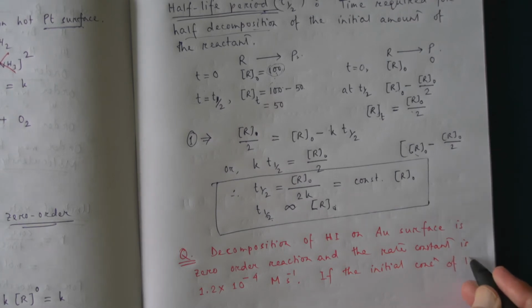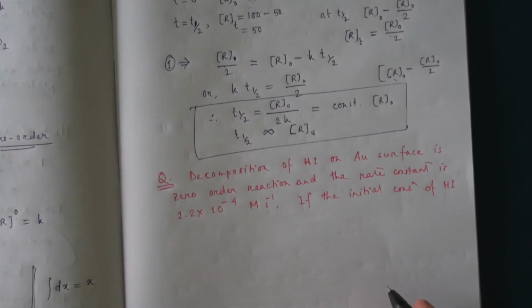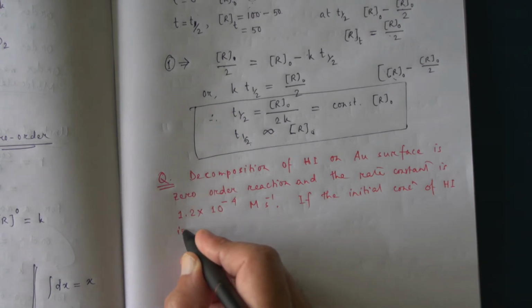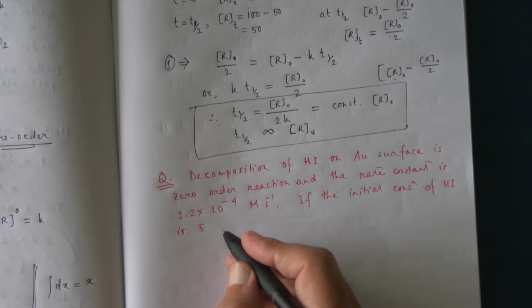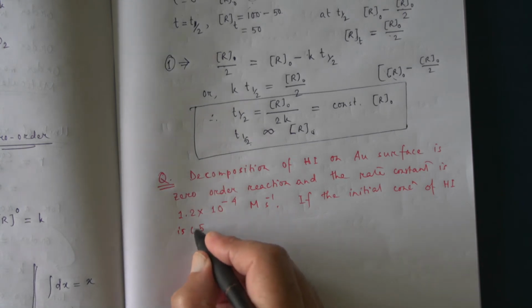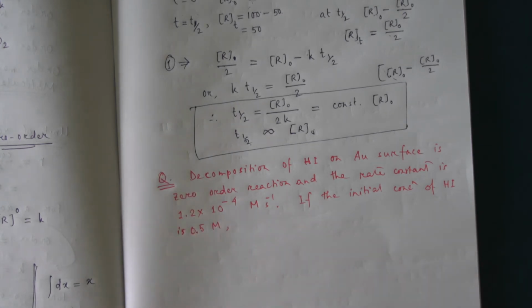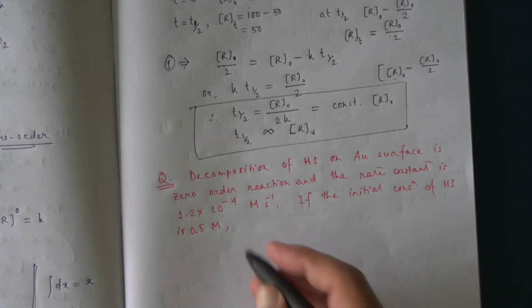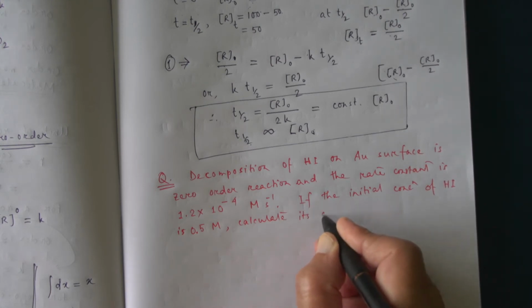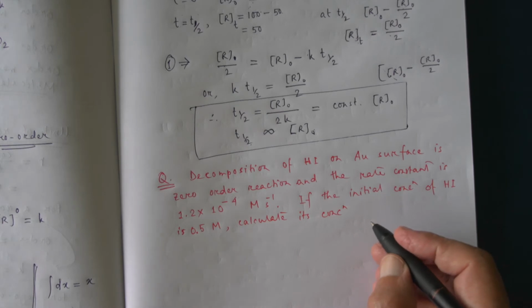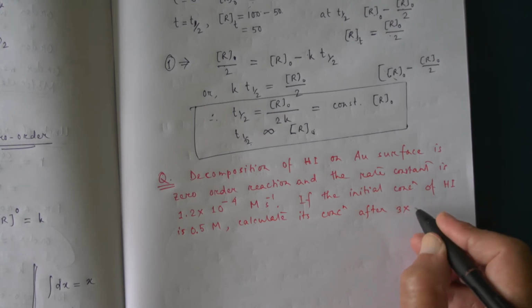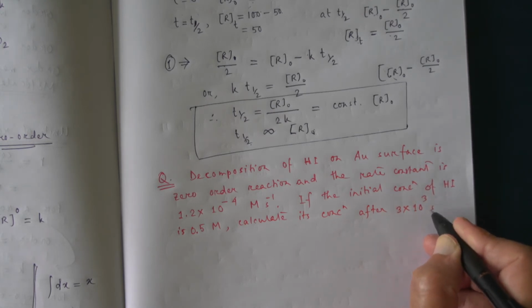Now if the initial concentration of hydrogen iodide is 0.5 molar, calculate its concentration after 3 into 10 to the power 3 second.